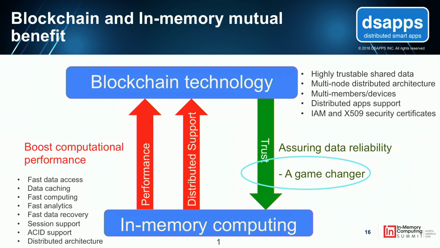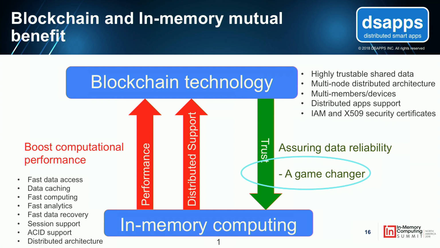So this is almost a game changer for this in-memory computing. And you may not have seen this before as a new fact, but certainly, blockchain is a game changer here.